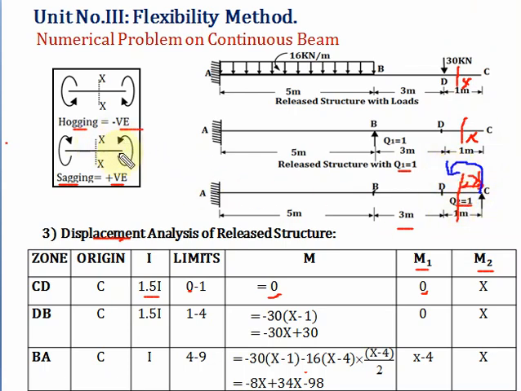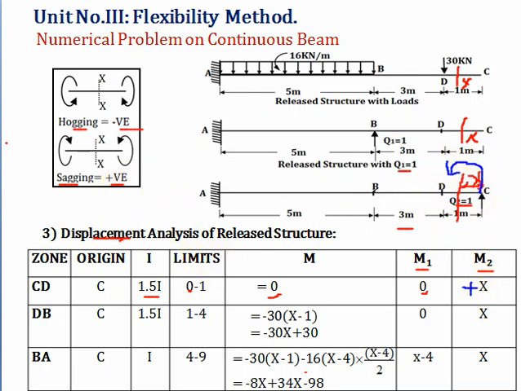Due to this unit force Q2, the nature of bending moment will be sagging, so it is plus. Bending moment is force into distance. The force here is 1 and the distance is x, so 1 into x is x. So M2 here is plus x, because the nature of bending moment is sagging.